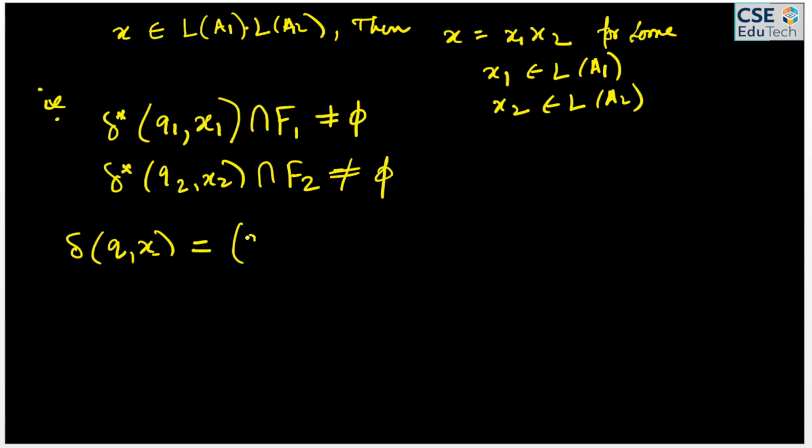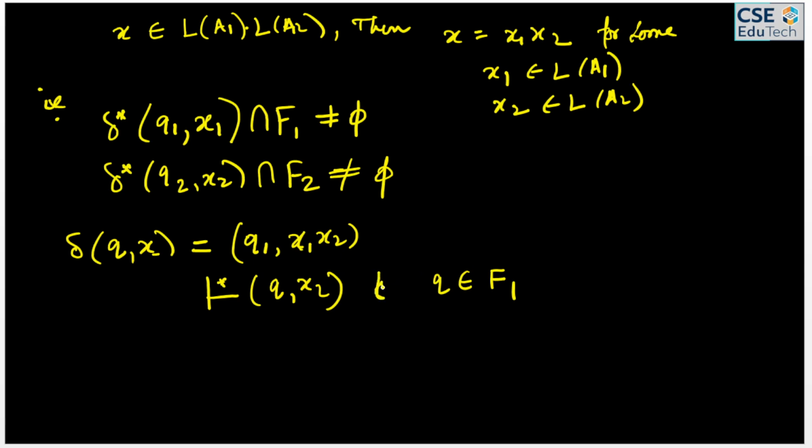It will be starting from q1 and the string is x1 x2. Here the starting state is q1. So after doing some steps, where can we reach? We can reach a state q and we exhaust the string x1. That means the remaining string is x2. What is this q? q basically belongs to the states from f1.